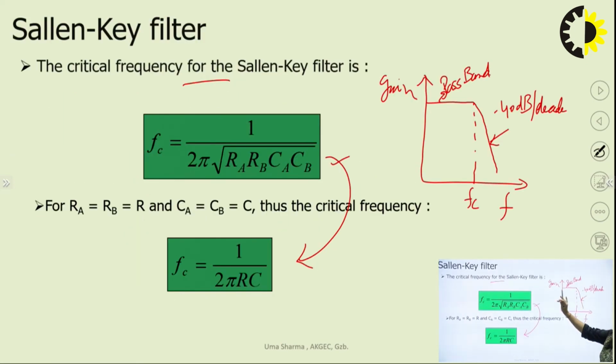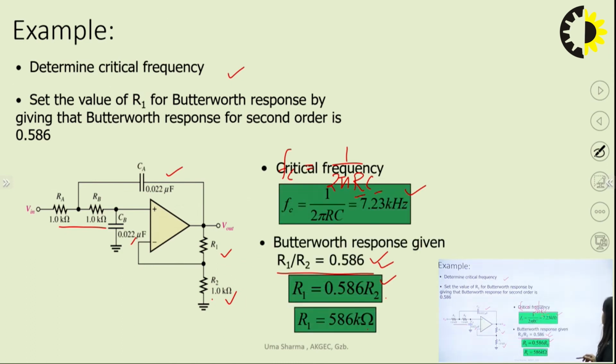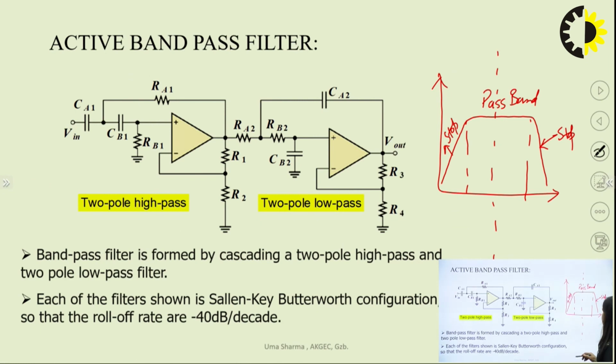If I add the low pass characteristic just after the high pass, then definitely I'll get the frequency response of a band pass filter. If I add a low pass response in series with the high pass response, I can achieve this response. So a band pass filter is formed by cascading a two-pole high pass filter and a two-pole low pass filter.